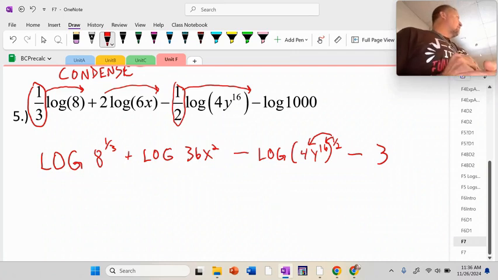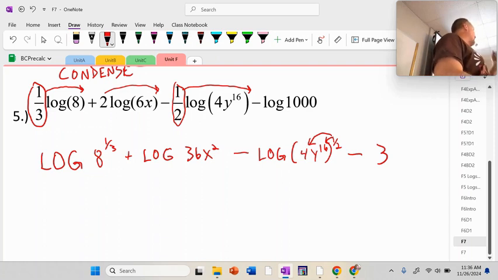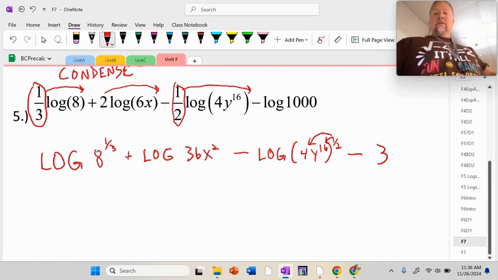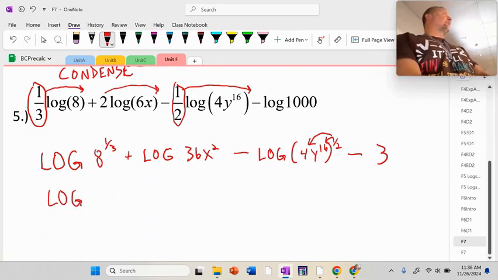Now what's weird is, what do I do about this -3? I think we just kind of have to leave it as a chunk out there. It doesn't really go down to the denominator because I've evaluated for it. This has to be allowed, so I've got to leave this alone.